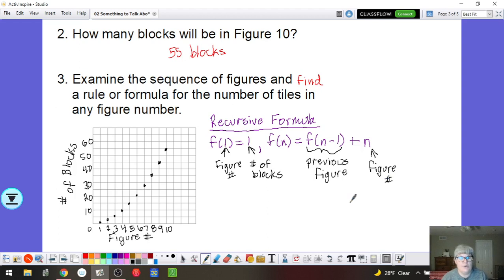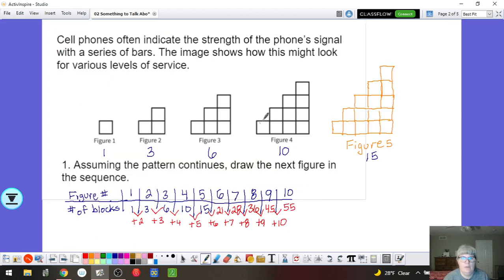But if I wanted to go out to how many blocks are in the 50th figure, I wouldn't want to do this table, I wouldn't want to do this recursive pattern. In that case, what we're going to look for is the explicit formula. So I'm going to go back to my figures, and I see that these figures, other than the very first figure, look similar to triangles.